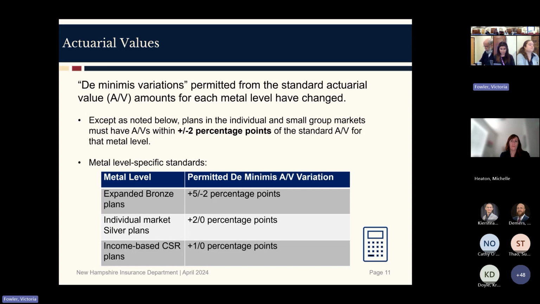In addition, there are variation limitations for specific metal levels. This includes the expanded bronze, which is plus 5 or negative 2% of the actuarial value. Silver plan is plus 2 or 0% of the actuarial value, and the income-based plans is plus 1 or 0% of the actuarial value.